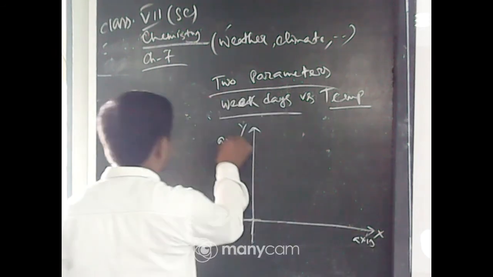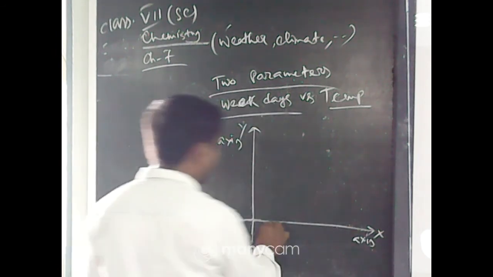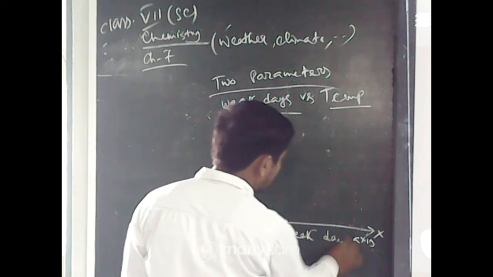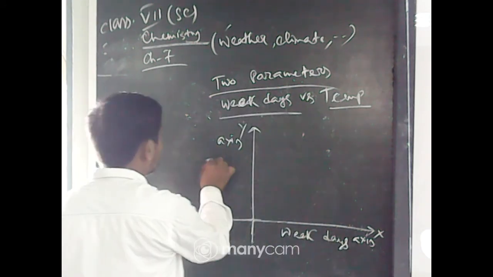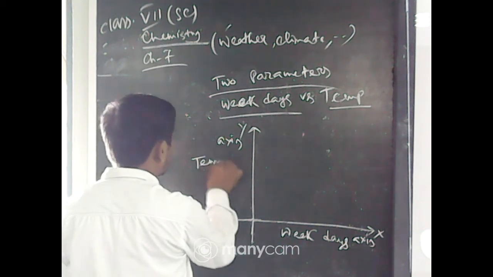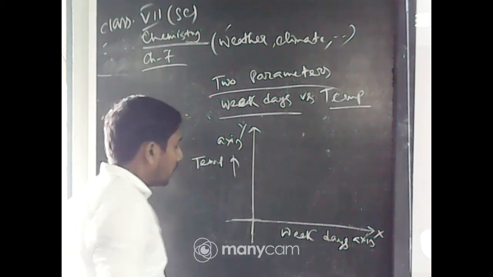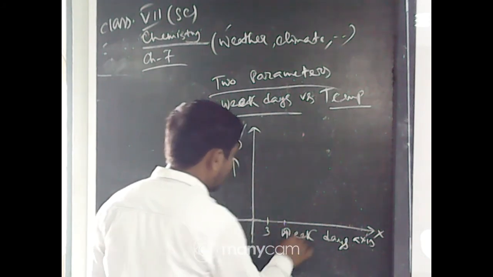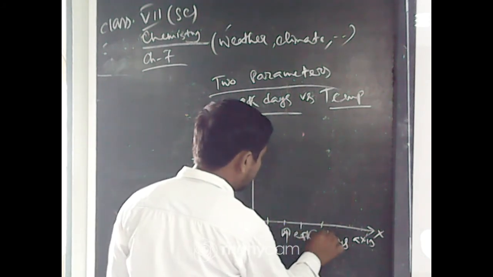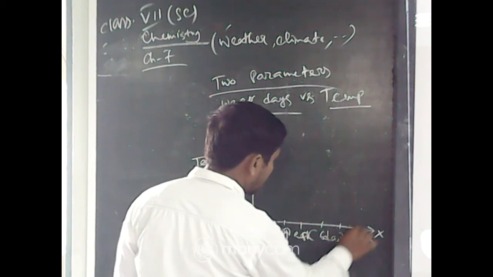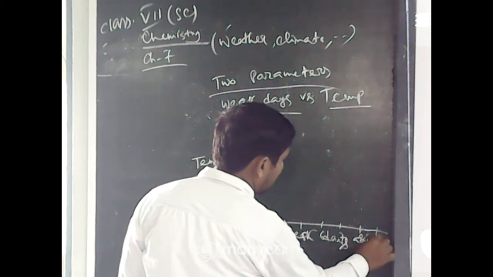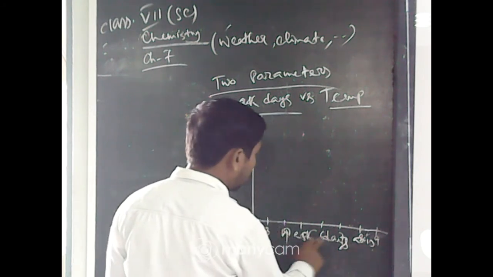According to your book, there are the weekdays and the temperature. For the weekdays, the dates are mentioned: 3, 4, 5, 6, 7, 8, 9, 1, 2, 3, 4, 5, 6, 7.